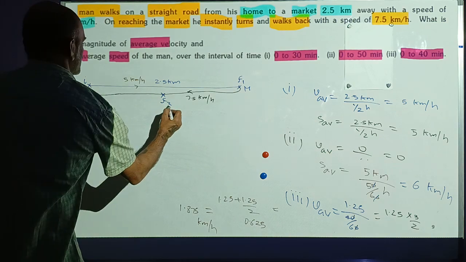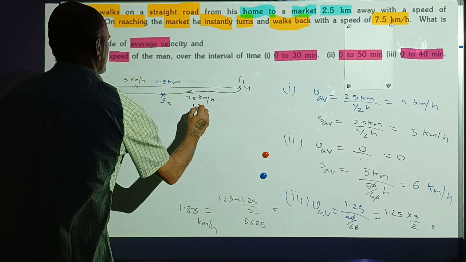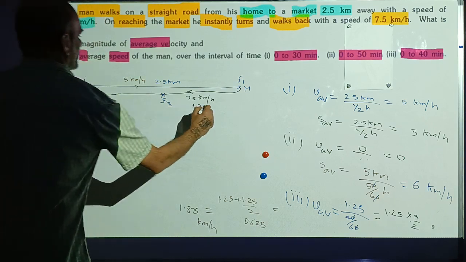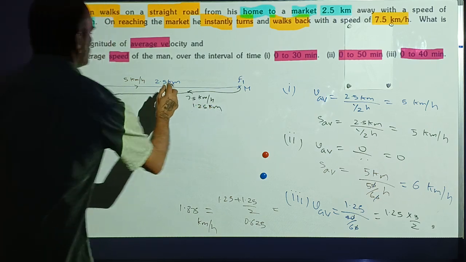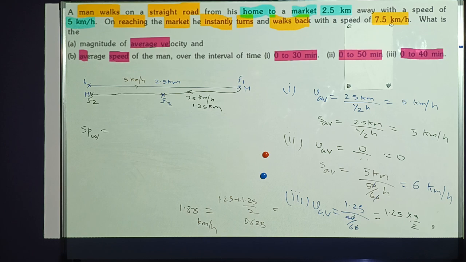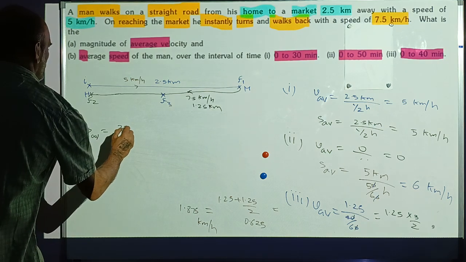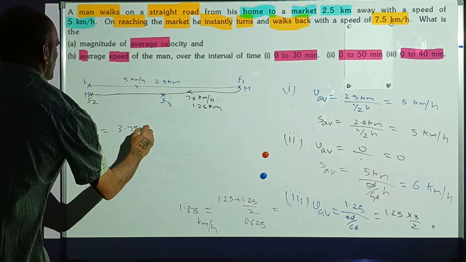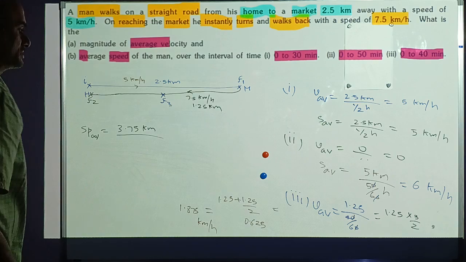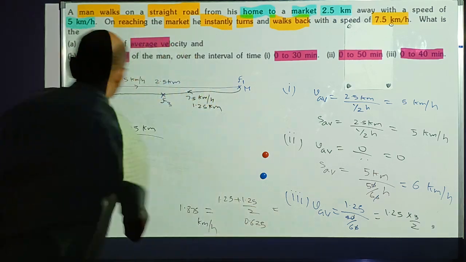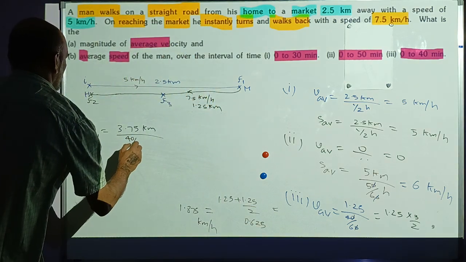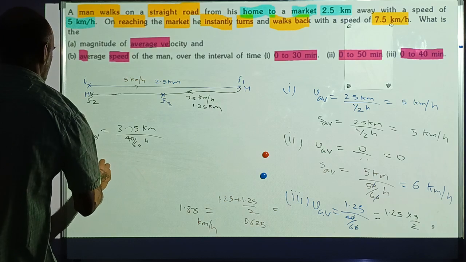So the third part, the average speed is the total distance, which is 1.25 plus 2.5, 3.75 kilometers. Time is the same, 40 by 60 hours.